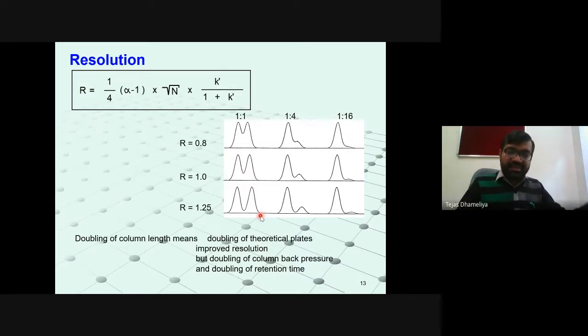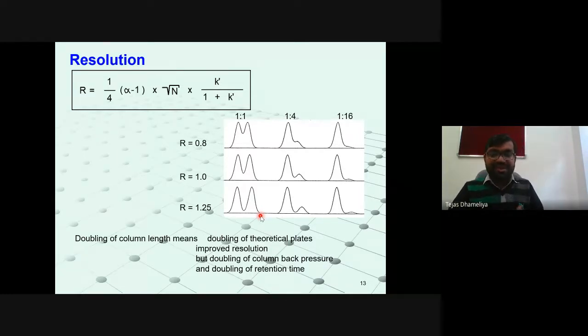One comes out completely, and only then does the other elute. If resolution is 1, it seems a little remained and the elution of the other has started. But if resolution is 1.25, the first compound has eluted almost completely, then the second compound has started eluting.